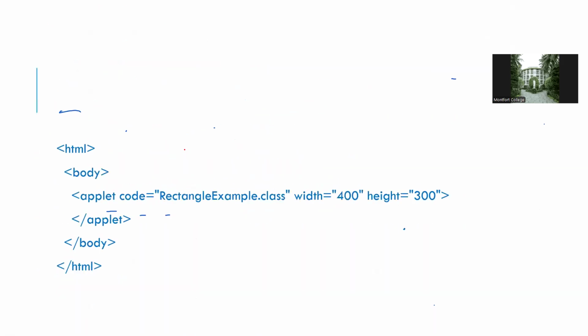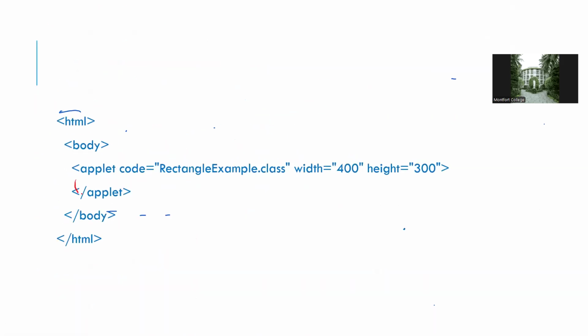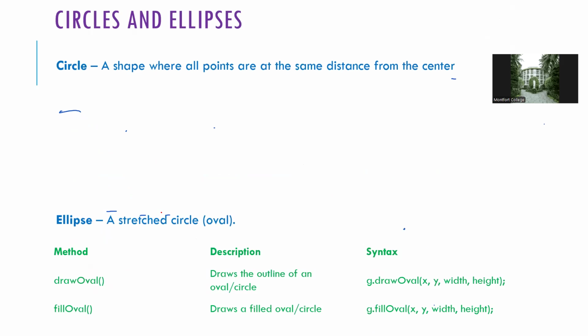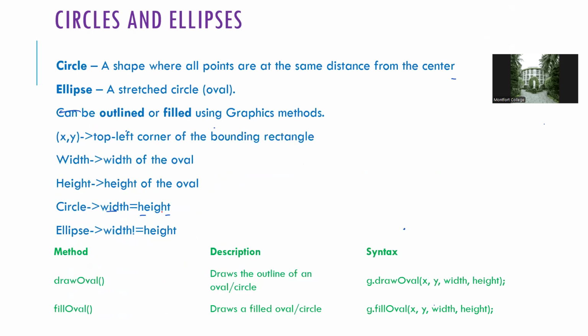For this also we need the applet code. For every program, we have to do the applet code. Coming to circles and ellipses, there is a slight difference between circle and ellipse. A circle will be like this, an ellipse will be like this.